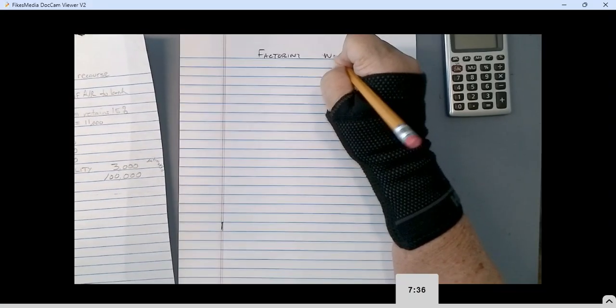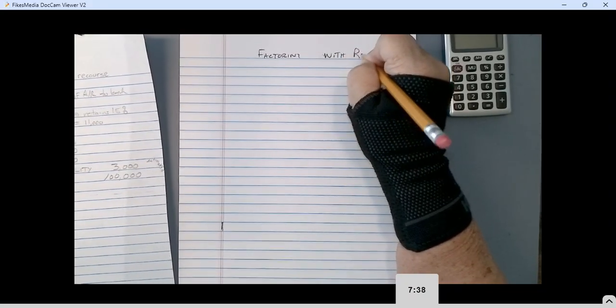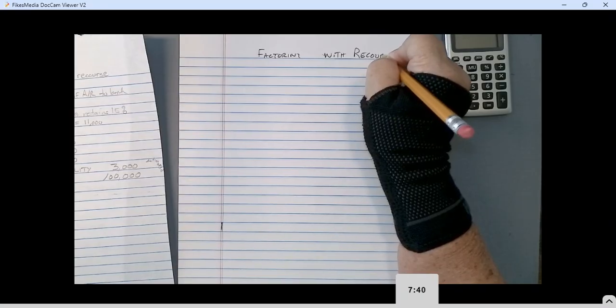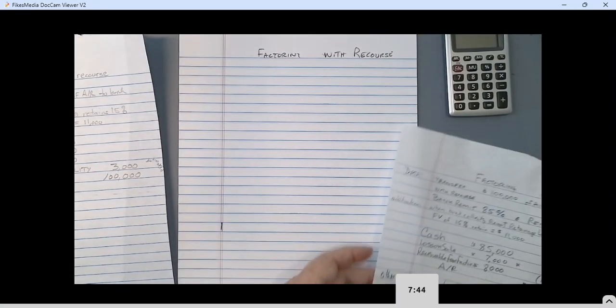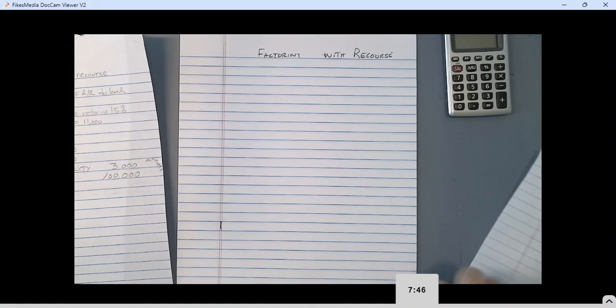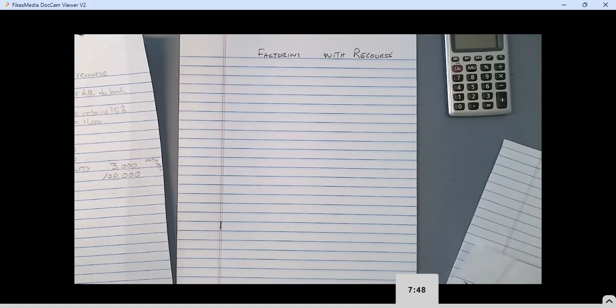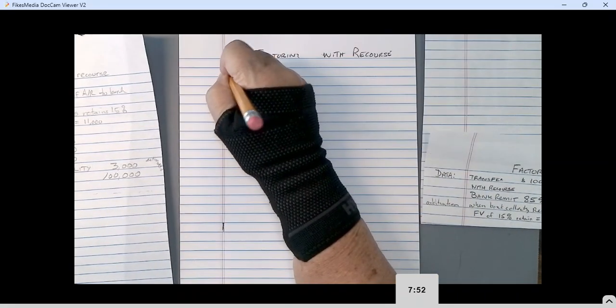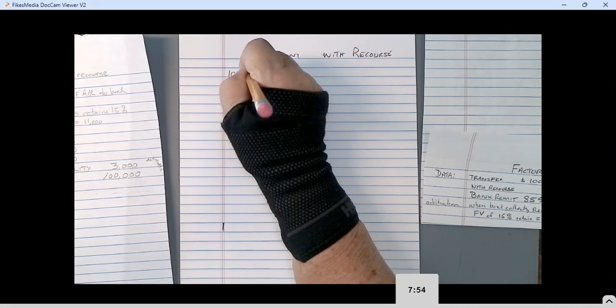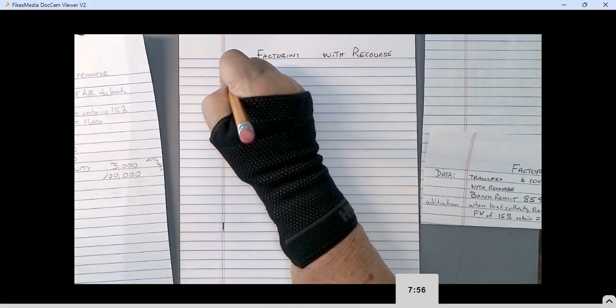Okay, with recourse. Okay, same data here that we're going to use. Okay, so we have a transfer of 100,000 with recourse.